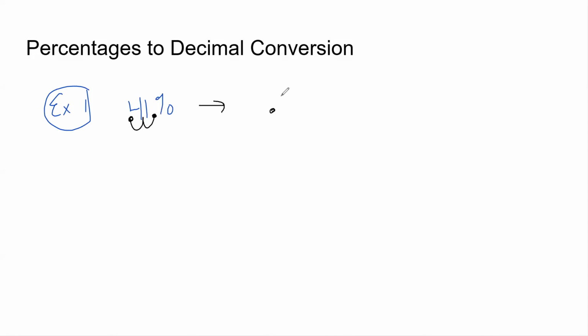So this is 0.41. You can put the 0 there if you'd like, or you can just leave it like that. So 41 hundredths. Okay, that's it. You are going to move the decimal 2 times to the left. And if there's not one there, you're just going to place it at the right.